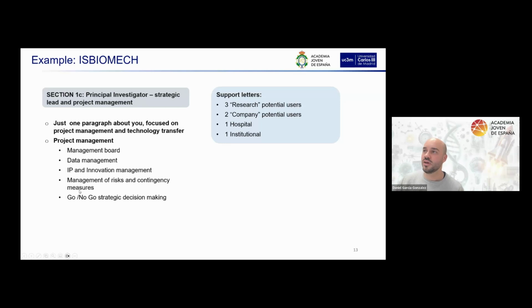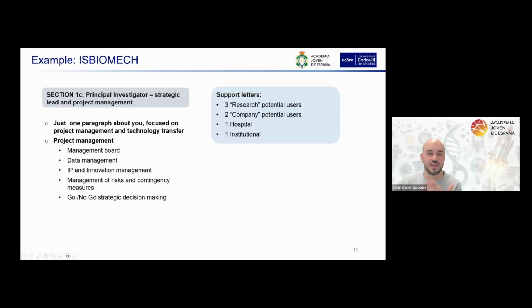And then some of you were asking which support letters we need. Maybe I put a lot, but this is what I put: 3 research potential users, 2 companies potentially interested in it, 1 hospital, and 1 institutional.